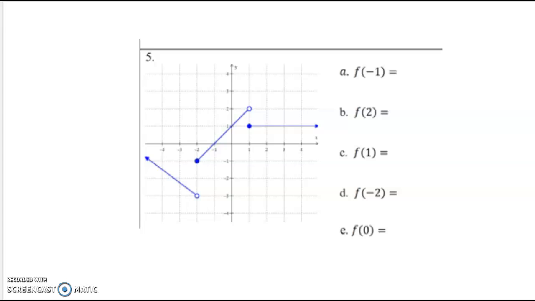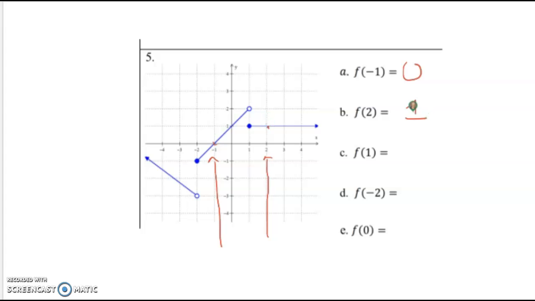So f of negative 1, well, negative 1 is right there, and the value of that graph is at 0, so that one's 0. F of 2, well, 2 is right there, and when I look at where my graph is for 2, it's up here at 1.